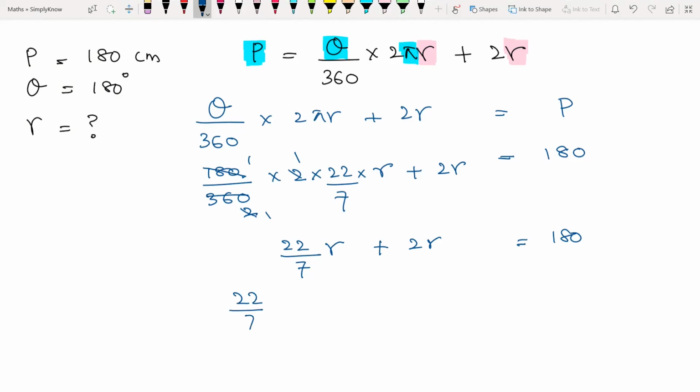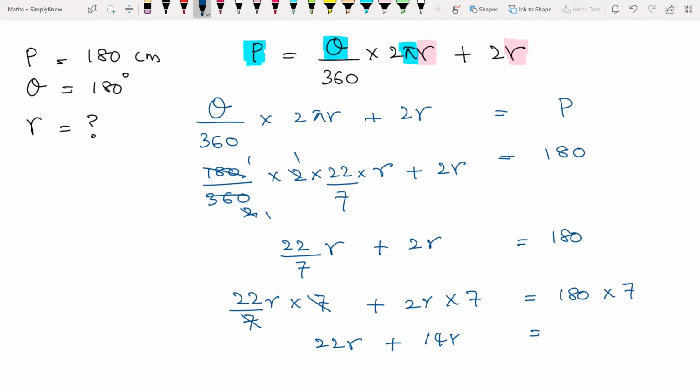22 over 7r times 7 plus 2r times 7 equals 180 times 7. Now these 7's we can cancel. 22r plus 2r times 7, 14r equals... I'm not going to multiply and keep the answer.